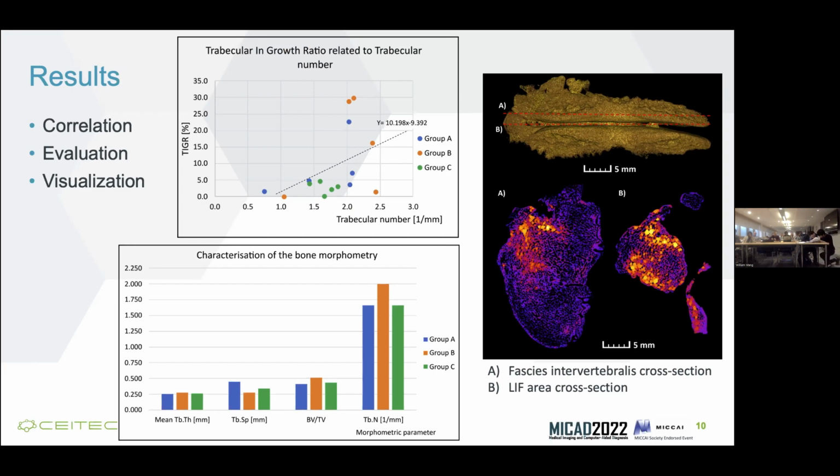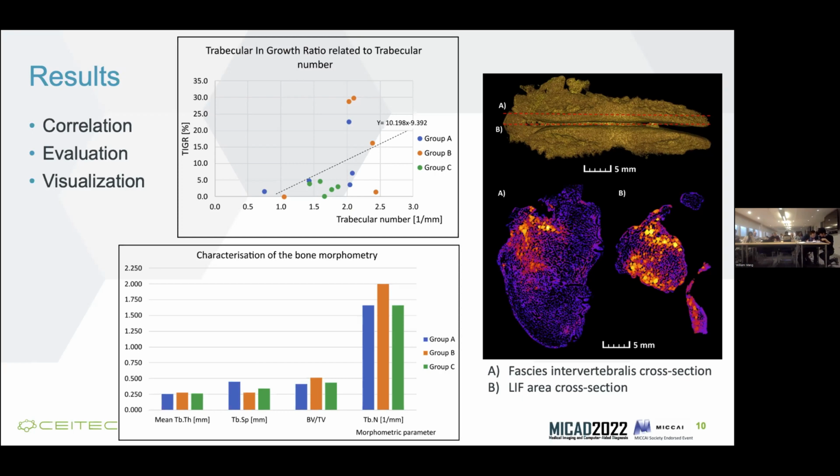Also, it was possible to compare the three groups of materials where different mediums were used for ensuring the fusion. We found out that the categories have pretty similar values. Maybe just the trabecular number value is higher in group B, which means that the fibroblast growth factor used in group B has the ability to increase the number of trabeculae and expands the fused area more rapidly.